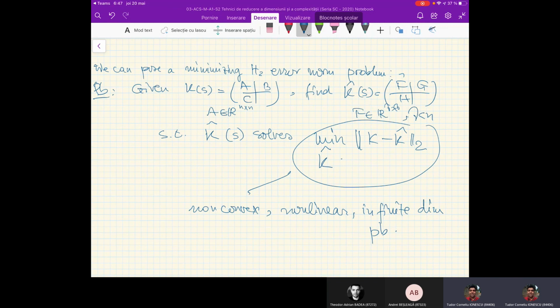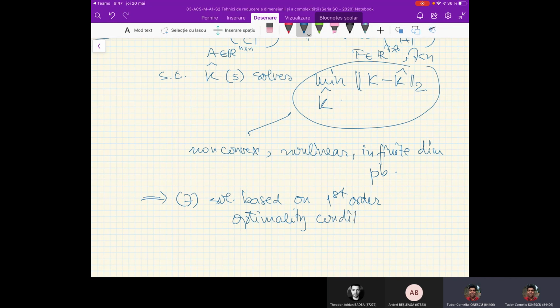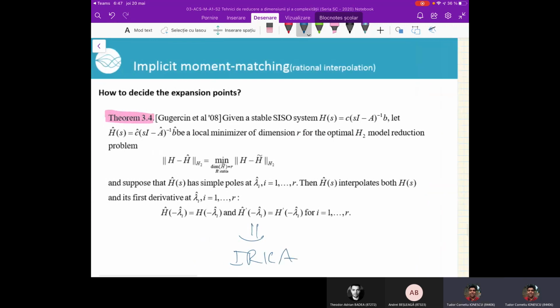However, there is a solution based on first order optimality conditions. You should know this from the optimization class. Now these necessary conditions yield the following result.